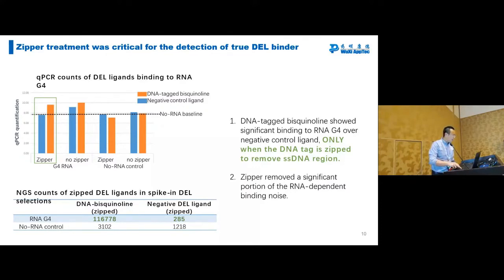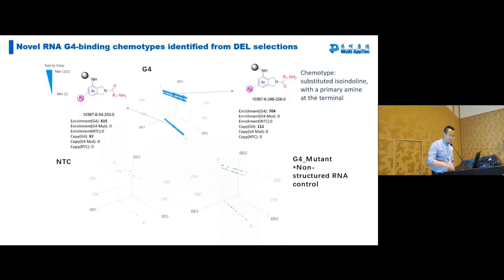So with those two methods, we performed two pilot DEL selections against these two targets, the THF riboswitch and RNA G4. The selection itself is fairly straightforward. We set up the RNA G4 as our main target, and we use this G4 mutant as our non-structured RNA control, together with NTC as our negative conditions.